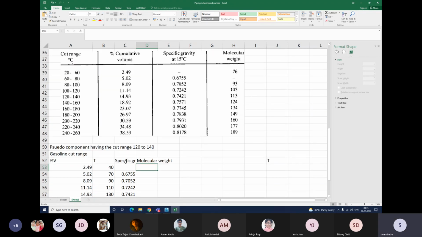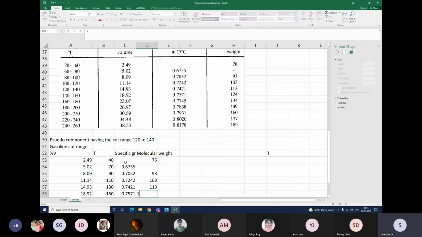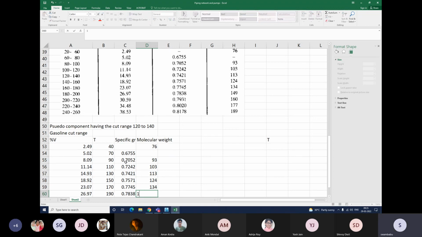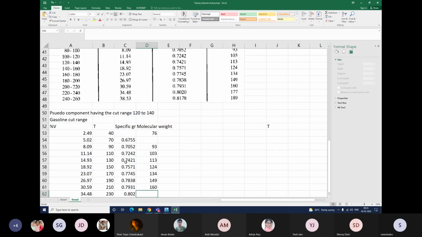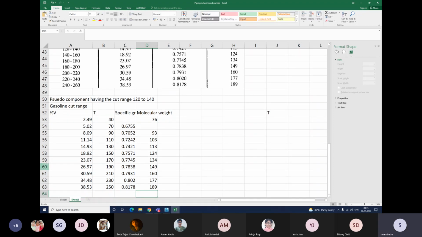Molecular weights: 76, 93, 103, 113, 124, 134, 149, 169. So we'll take an average value between these two, 84.5 here.